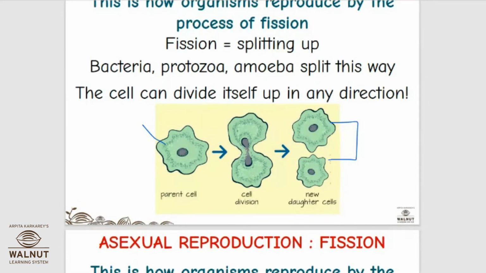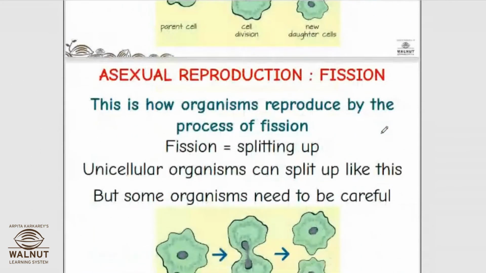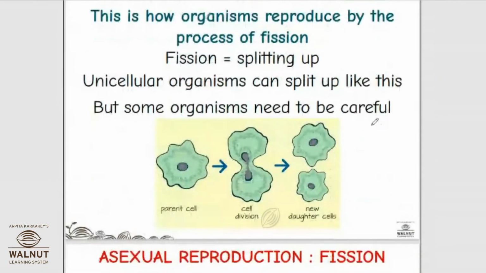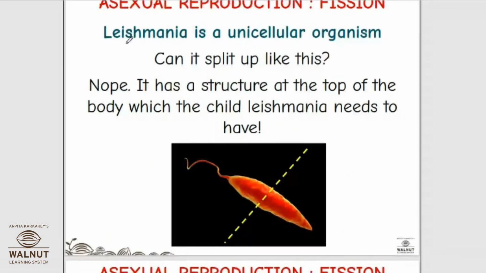We'll move on to the next type of fission. Here you can see it's written fission means splitting up. Here, splitting into two has taken place. Unicellular organisms can split up like this, but some organisms need to be careful. Here you can see Leishmania. Leishmania is also a unicellular organism, but can it divide in any way like how amoeba did?